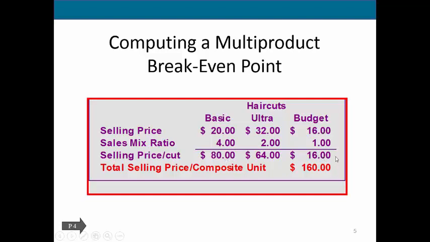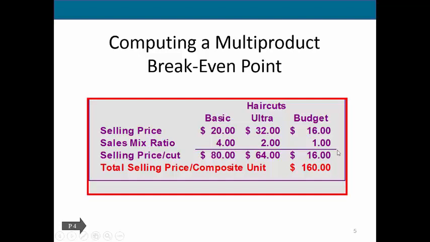So every time we bring in $16 for a budget cut, we'll be bringing in $20 for 4 basic cuts, or in other words, $80. Do the same thing, we'd be bringing in 2 ultra cuts for $64. So our total selling price for a composite unit would be $160, which is just the sum of these.